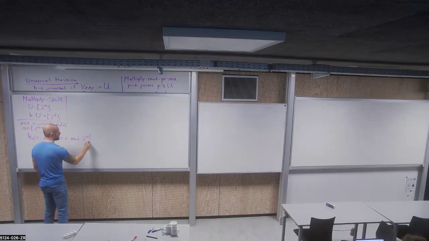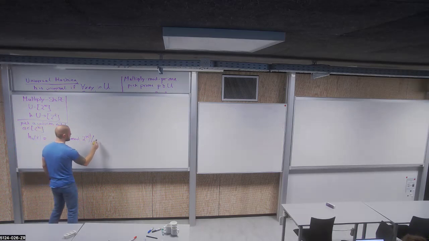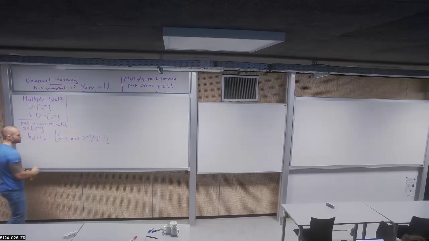And we're going to take that number and divide it by 2^(w-l), and round it down. Doesn't look simpler than before, but let's try and see why this is convenient.